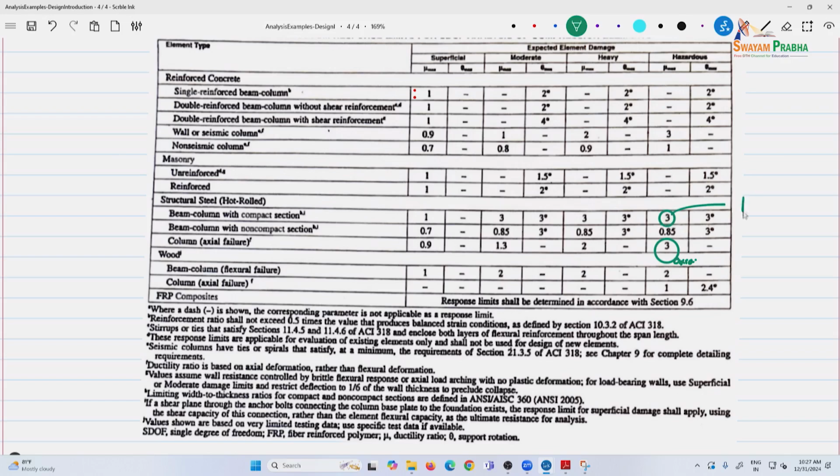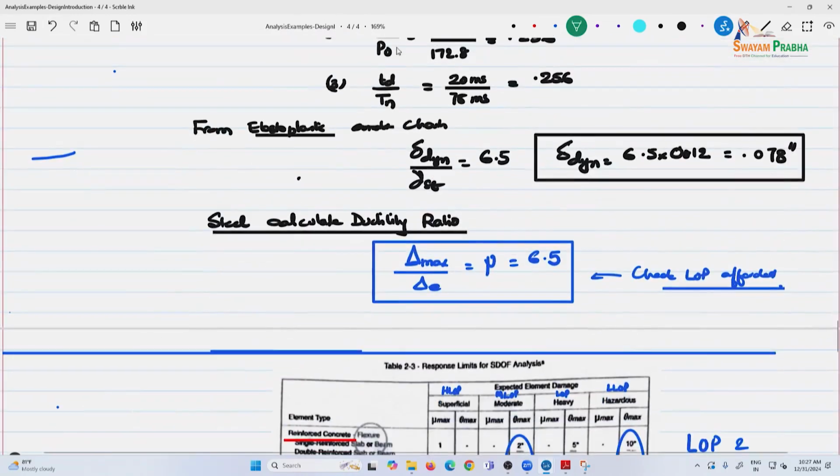So in our case, mu should be less than or equal to 3 for low level of protection. So going from here, you see that it is definitely more severe than low level of protection. So basically you would classify this as a very low level of protection. If you had this design, you would say this is a very low level of protection.